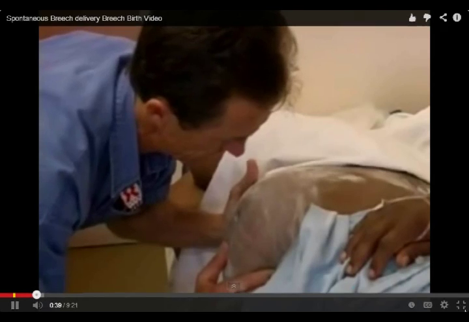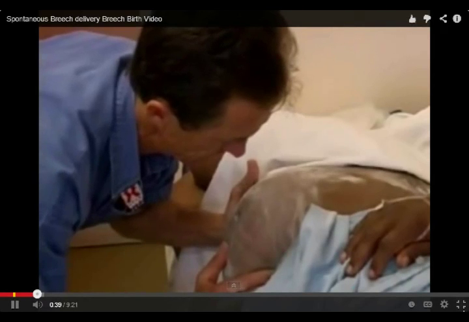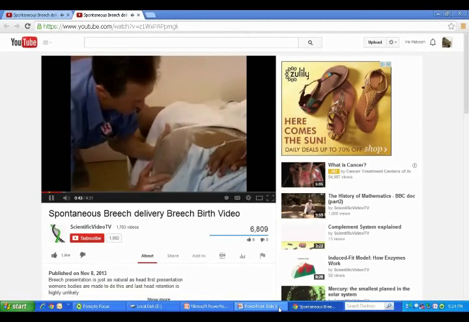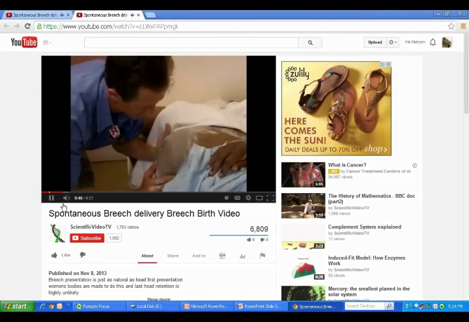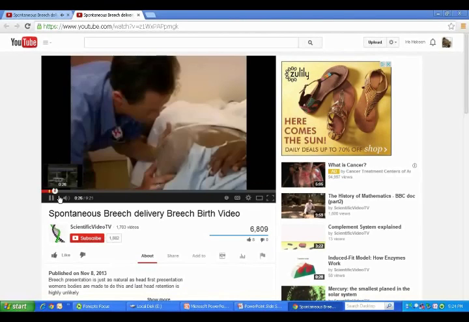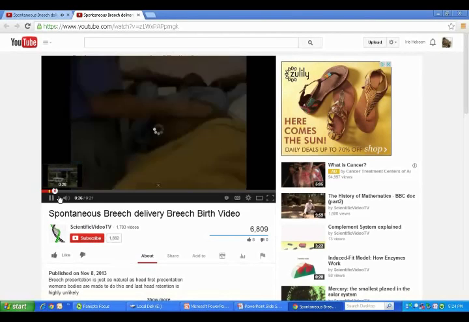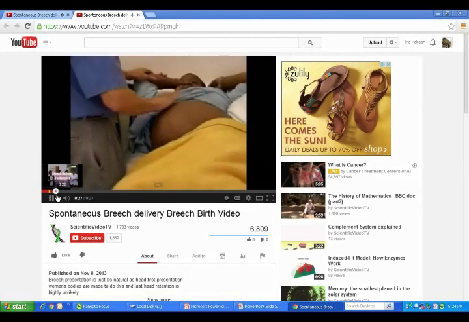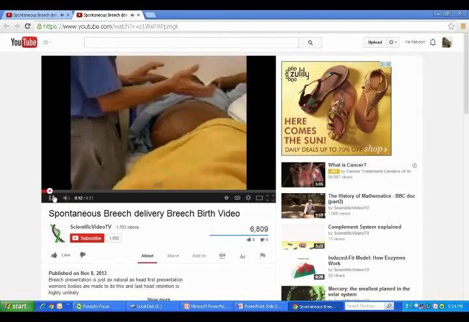Breech presentation places the baby at risk by the time of delivery, and the mother at increased risk of cesarean section. Systematic review of randomized trials shows that the chance of breech presentation at birth may be reduced by attempting external cephalic version.